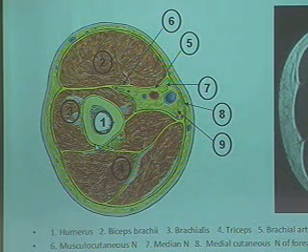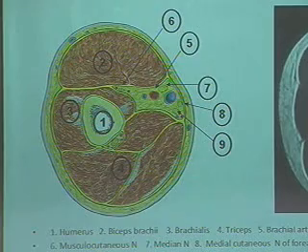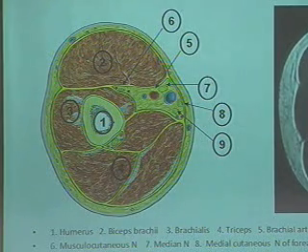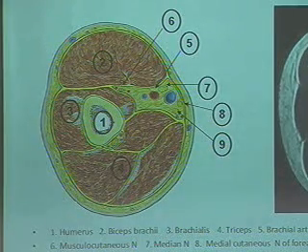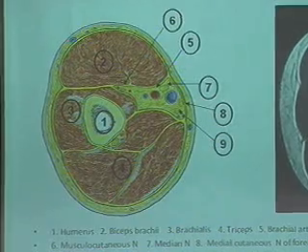So what we have in our arm is these two sheets of deep fascia on either side of humerus, medial and lateral. They are between muscles. So what do we call them? Intermuscular septum. So we have a medial intermuscular septum and a lateral intermuscular septum that divide the arm into two compartments, an anterior or flexor compartment and a posterior or extensor compartment.